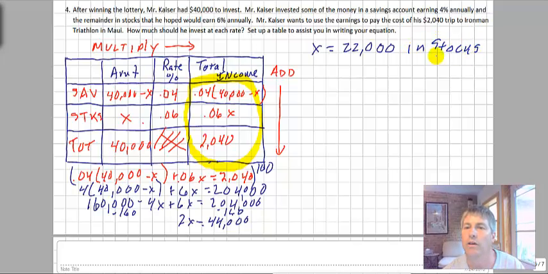And since we only had 40,000 to begin with, that must mean that we have another $18,000 in savings. So that's how he's got to divvy up his lottery winnings. So Mr. Kaiser can use just the principal and then spend the interest on his trip to the Ironman triathlon. Congratulations, Mr. Kaiser.